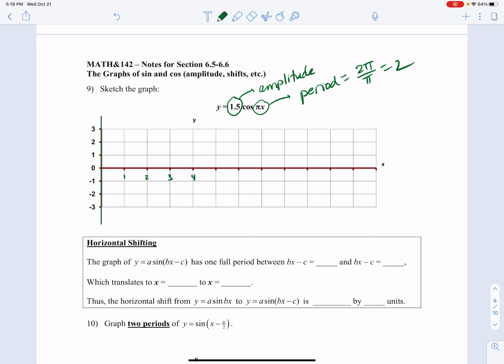Why not, right? So if the amplitude is 1.5, now remember, normally the cosine starts at 1. This means that if I'm amplifying it by 1.5, I'm going to start at 1.5. And that means by the time I traverse 2 units, I'm back to 1.5 again. So here we go again. Halfway between the high points is the low point, and halfway between a high and a low is the intercept. And I'm going to repeat that pattern again.